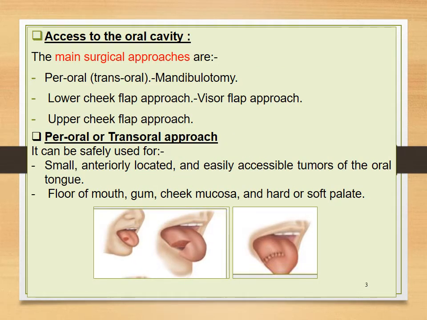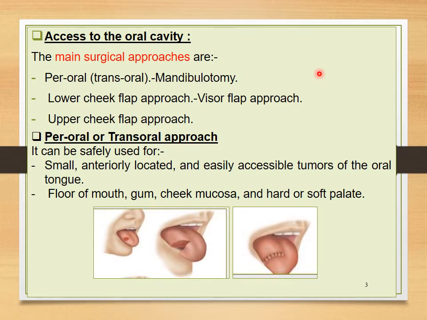For access in the management of oral cancer, access to the oral cavity can be done from many areas and through many surgical routes. The main surgical approaches for the oral cavity may be transoral, or peroral, like mandibulotomy, and there is another technique called the lower cheek flap approach, or visor flap approach, and the upper cheek flap approach.